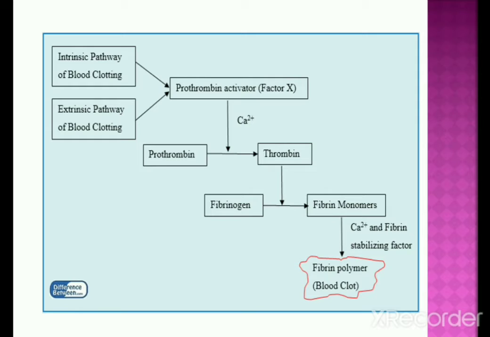In secondary hemostasis, what happens? The platelets alone are not enough to secure the damage in the vessel wall. So a clot must be formed at the site of the injured wall, and the formation of the clot depends on several substances, which are called clotting factors.